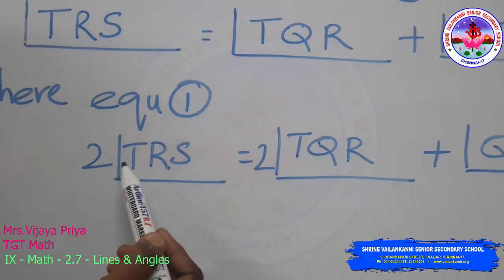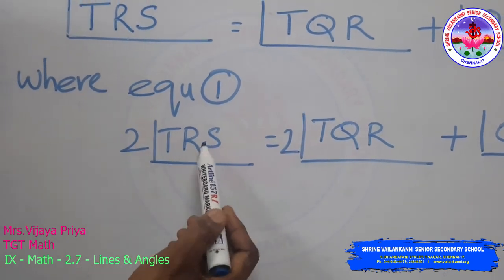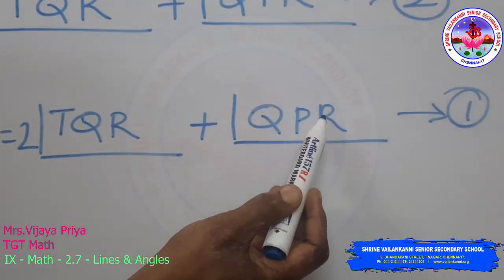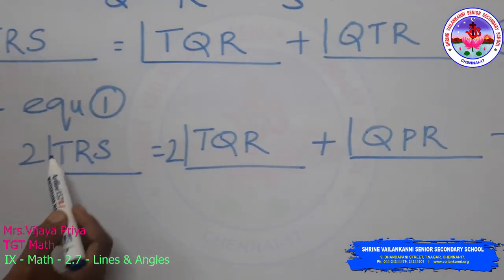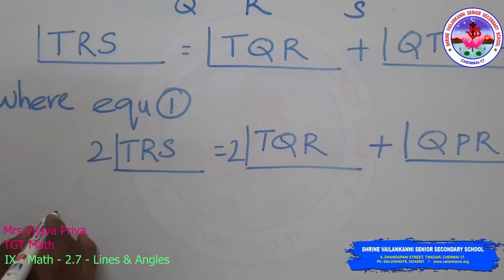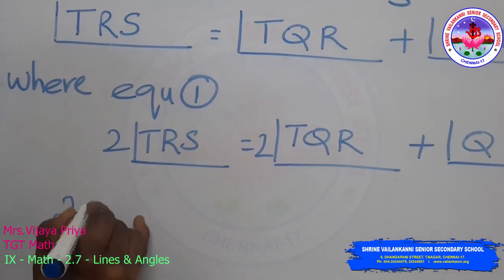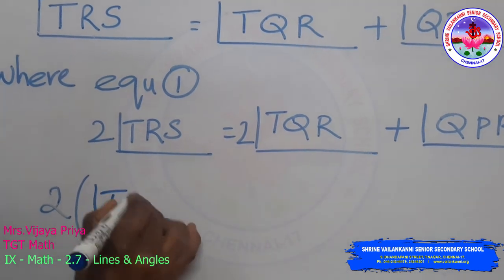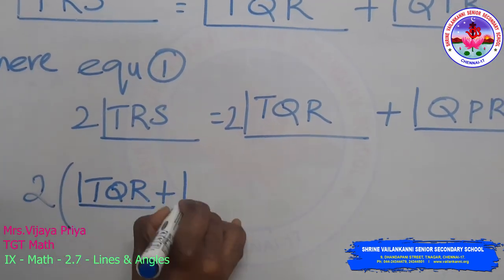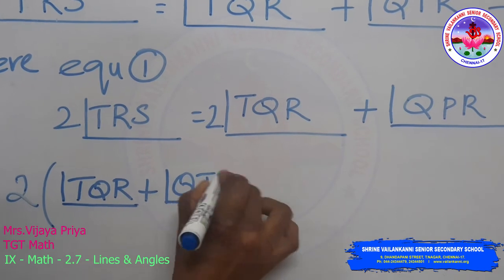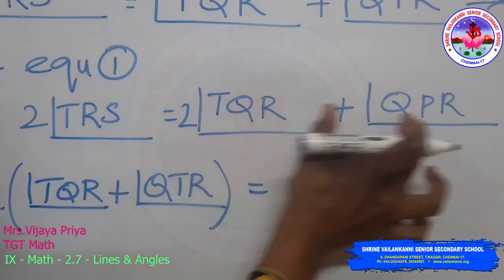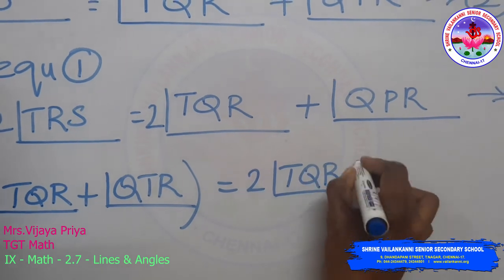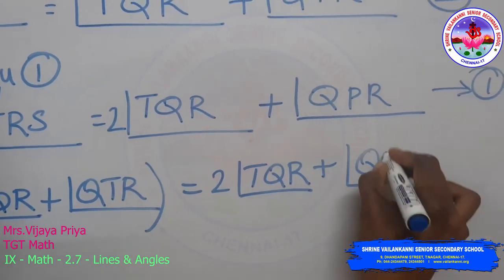So I got equation 1 as 2 times of TRS is equal to 2 times of TQR plus angle QPR. Here I am going to substitute my TRS value. So 2 times of, through my equation 2 I got TRS as angle TQR plus angle QTR, which is equal to, I am writing this as it is, 2 times of TQR plus QPR.